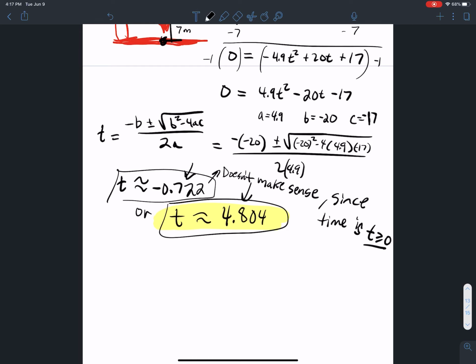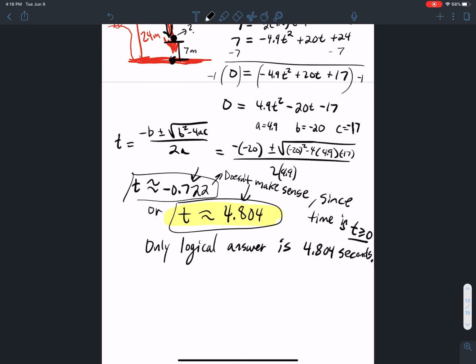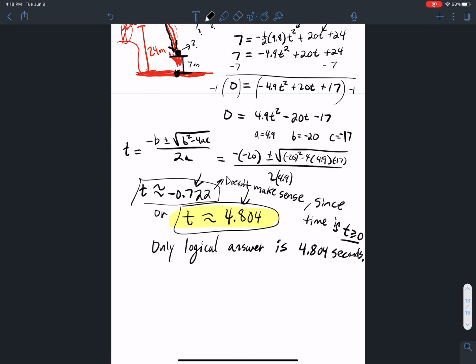No time travel. So my only logical answer is 4.804 seconds. That's the only logical answer right there, and that helps us out.